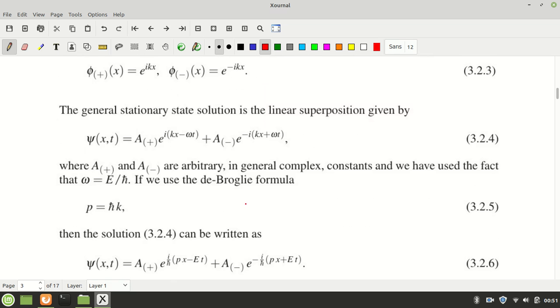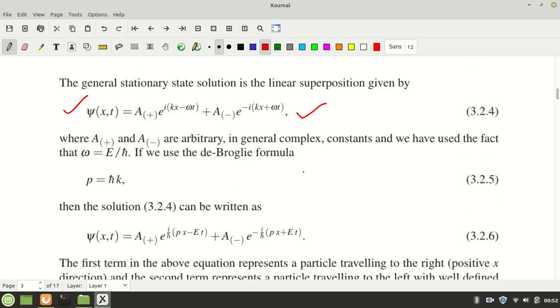So the linear superposition, that is the general solution, will be A plus e to the power ikx plus A minus e to the power minus ikx, and the time part e to the power minus i omega t is there, for the actual time dependent Schrodinger equation solution written over here.